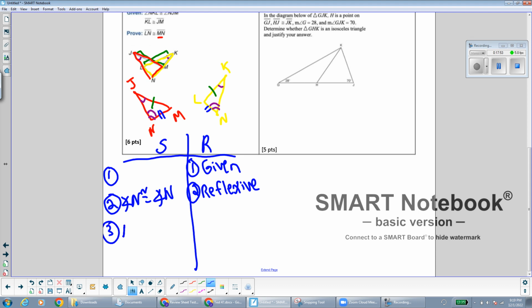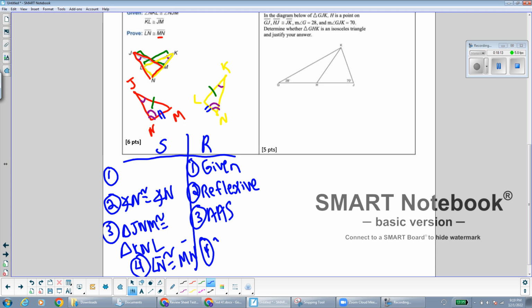And that's enough information to say triangle JNM is congruent to triangle KNL. Once again, that's by AAS. And then finally, we can say that LN is congruent to MN by CPCTC.